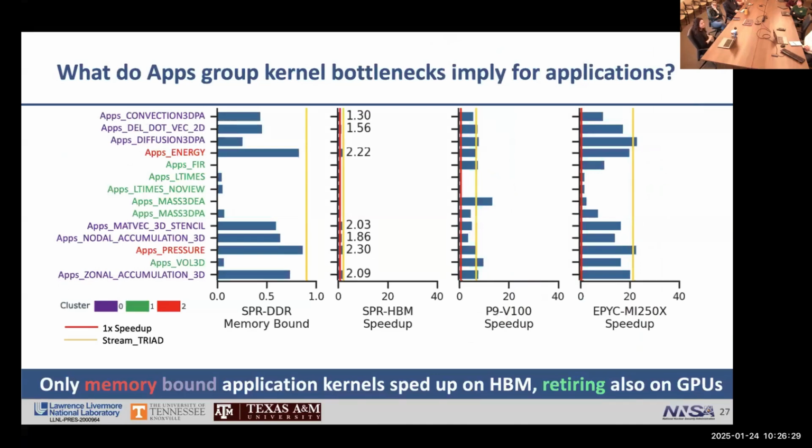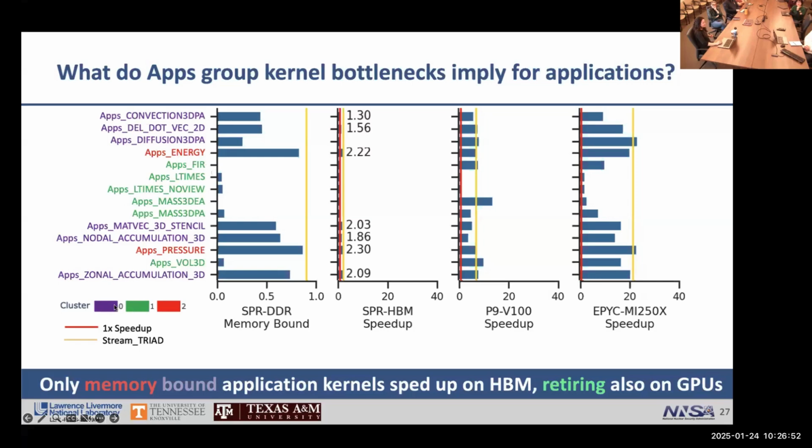Okay, so thinking about the Lawrence Livermore applications, looking specifically at that applications group of kernels, mimicking the workloads that we run at Lawrence Livermore, we thought, what do the bottlenecks that we're seeing imply for those? Here we have the applications group kernels, colored by the cluster that they ended up in.